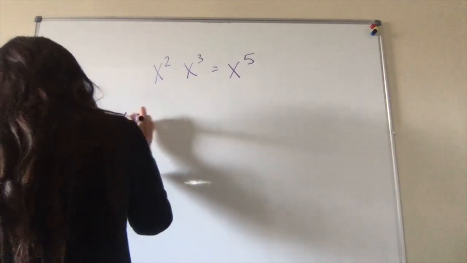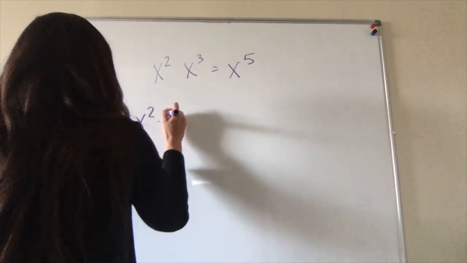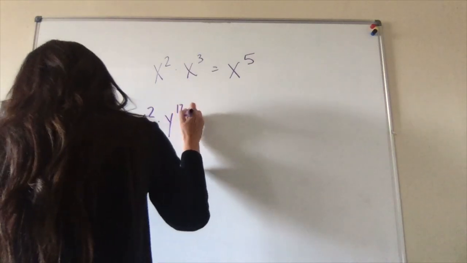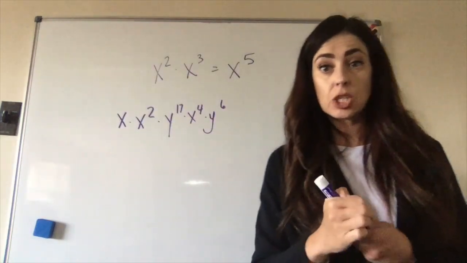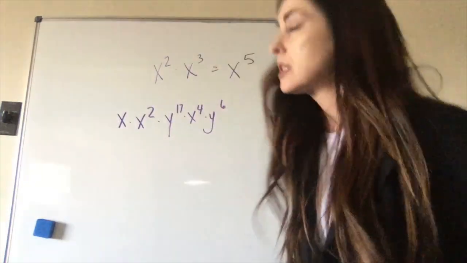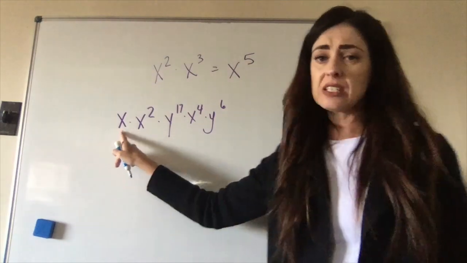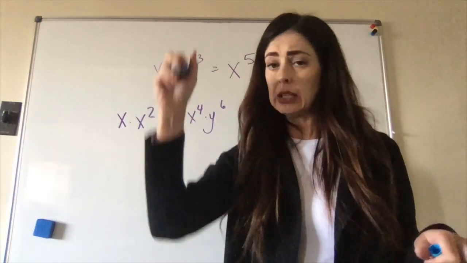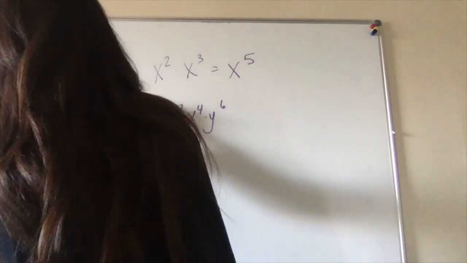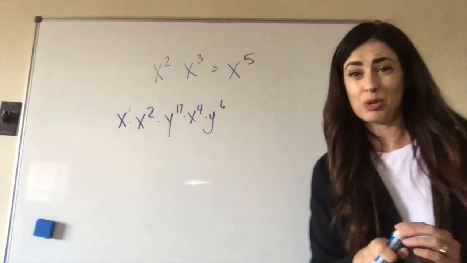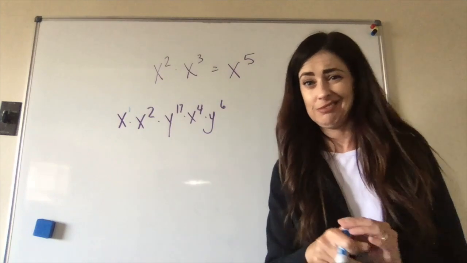We have x times x squared times y to the 17th times x to the 4th times y to the 6th. Now, this is when I really start to like to use colors, okay? So remember, x with no exponent or any number with no exponent just means to the 1st power, right? Being multiplied by itself one time, right?